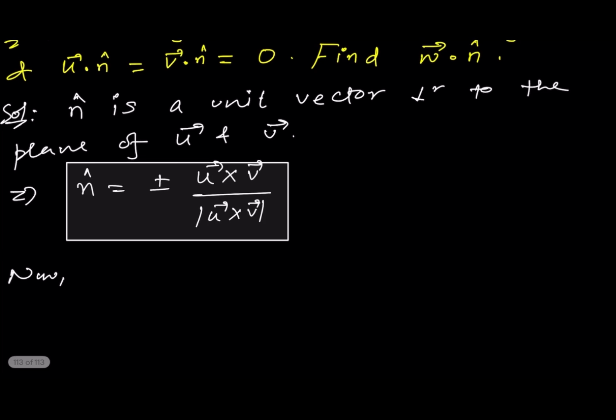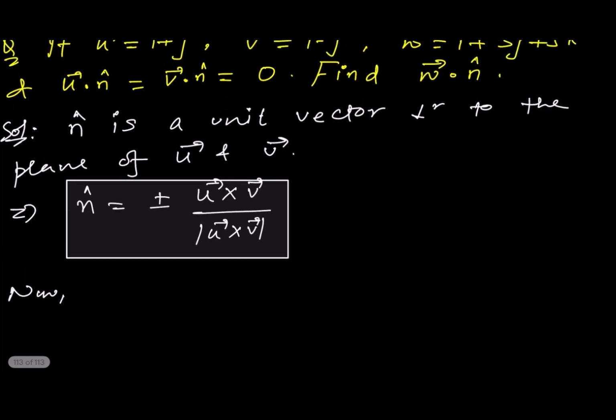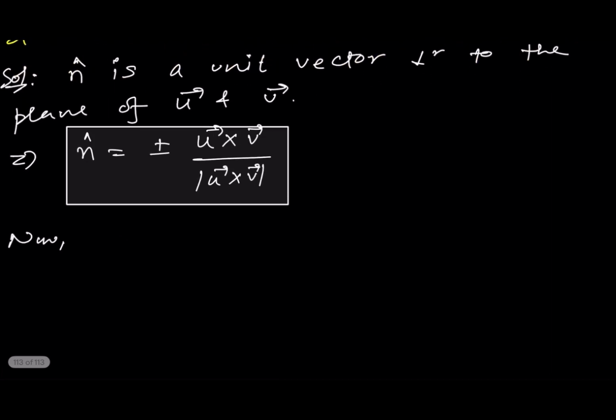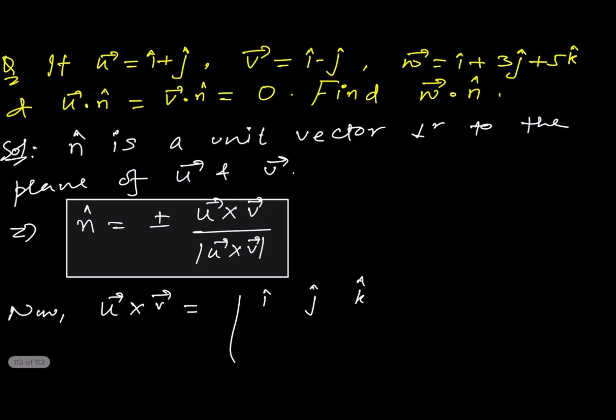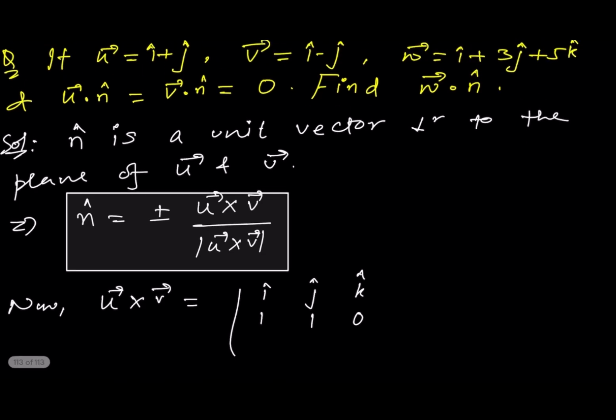Okay, now we can find u cross v also using determinant. So u cross v is the determinant of i, j, k. u is i plus j, so the second row is 1, 1, 0. And v is i minus j, so the third row is 1, minus 1, 0.